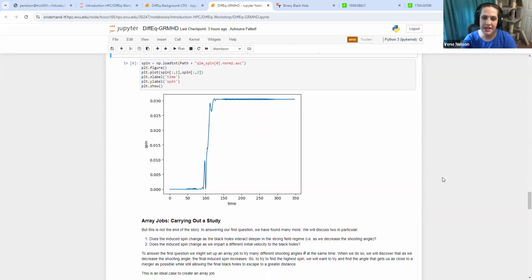The angular momentum that we're imparting to these black holes comes from the initial orbital angular momentum that they have, which is going to be a function of the initial speed, the angle that they're going at, the distance that they are from each other, all of the normal things that you would classically see going into an angular momentum calculation.